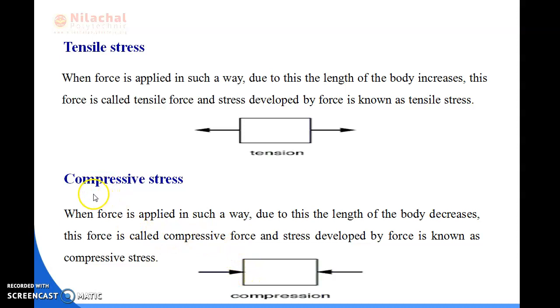By definition, when force is applied in such a way that the length of the body decreases, when we give a push, this force is called compressive force, and the stress developed is known as compressive stress. It is the opposite of tensile stress.